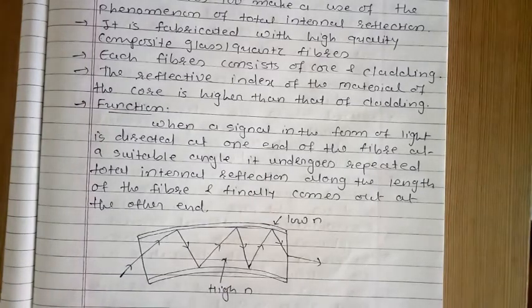This can be achieved by purification and special preparation of material such as quartz. So if we want light to travel a long distance, we have to fabricate optical fiber such that there will be very little absorption of light. This is done through the purification and special preparation of materials like glass or quartz.